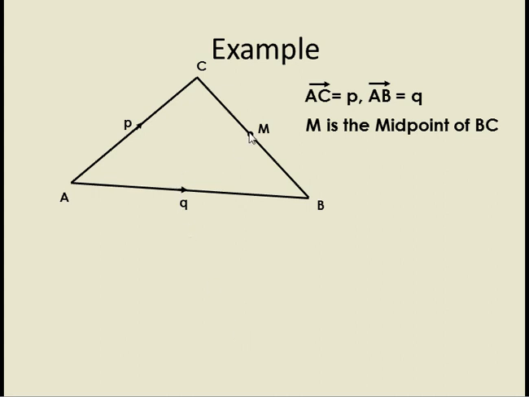Here's another example involving a midpoint. We've got a triangle ABC. The midpoint M is the midpoint there. AC is P and AB is Q. Find BC. Okay, well BC is BA plus AC.